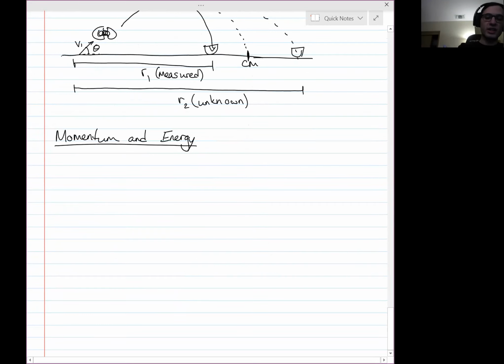So let's look at that example again, where we have a mass attached by a spring to another mass, but maybe they have different masses now. And so before they're connected, the spring is compressed.